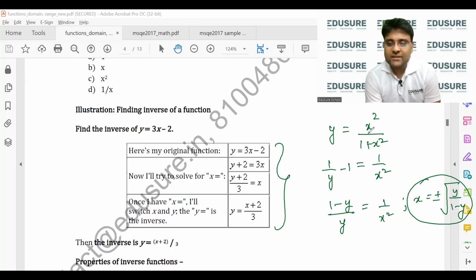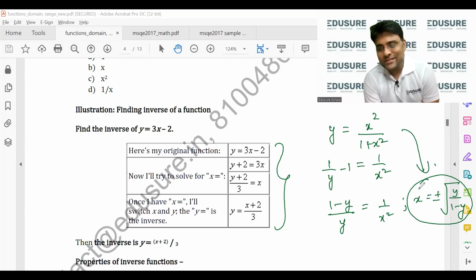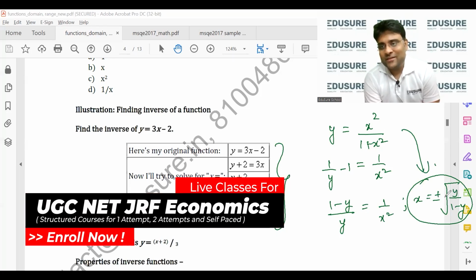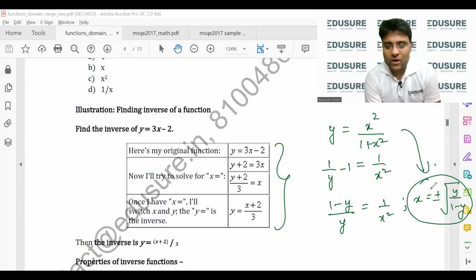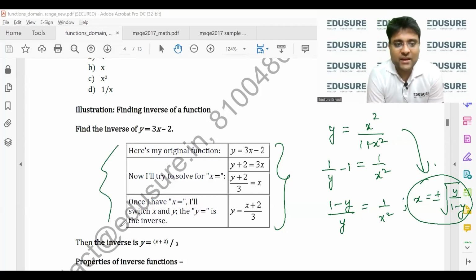That is, given y in terms of x, you need to find out x in terms of y. Although please notice that this x is not a function because I have plus minus. So it's a one-to-many. For one value of y, I'll get two values of x. That is besides the point. All I'm saying is that going from y equal to something in terms of x, to x in terms of y, is what will give us the inverse.